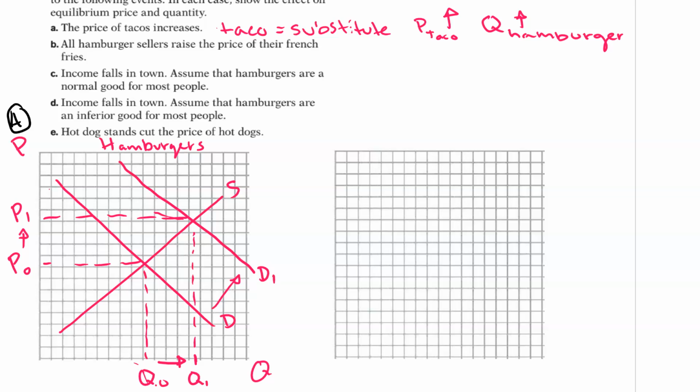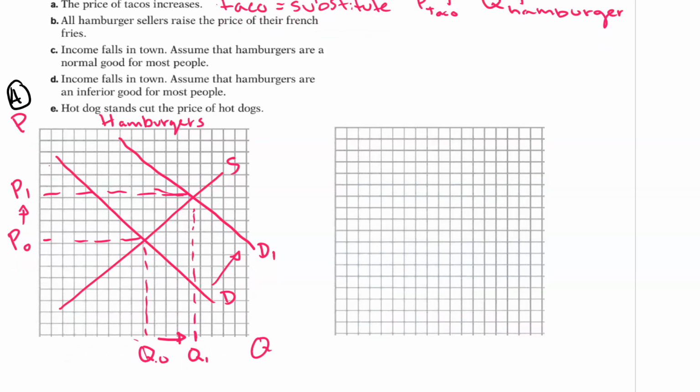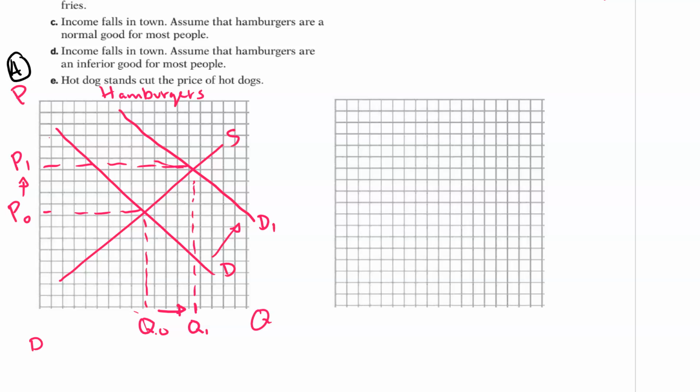So the description of that would be demand shifted right along the supply curve. And our equilibrium price and quantity went up.